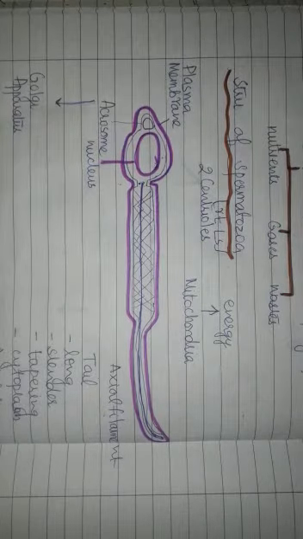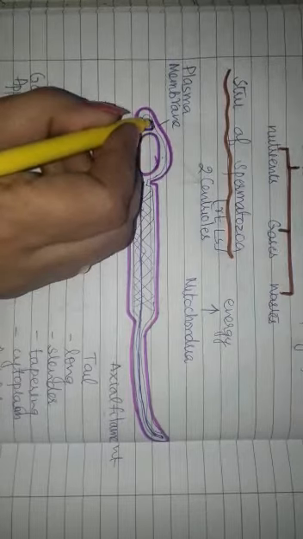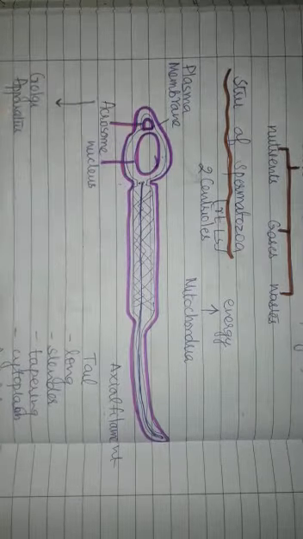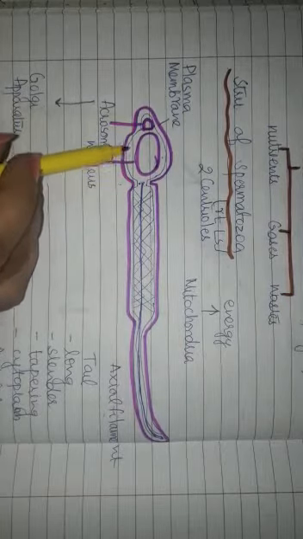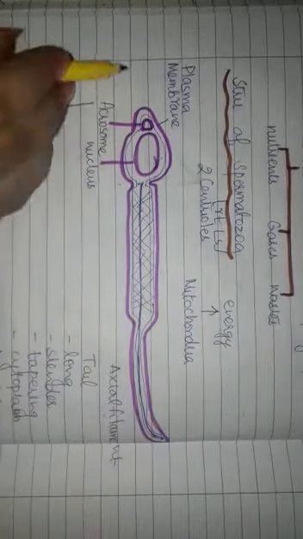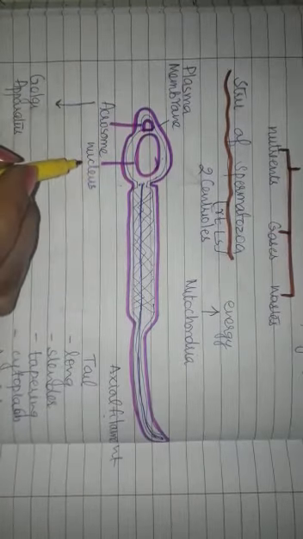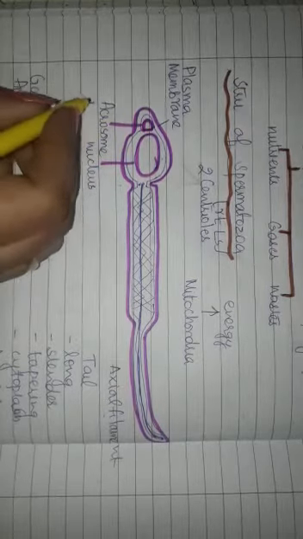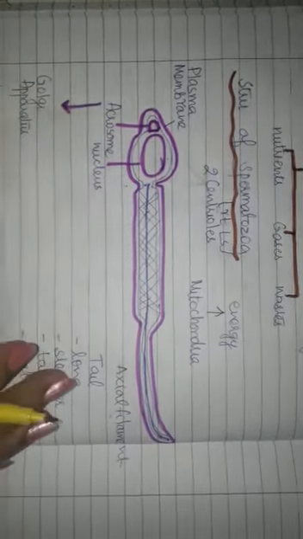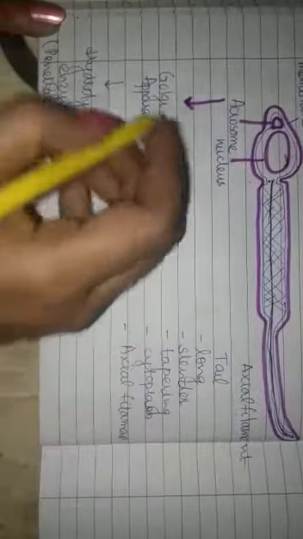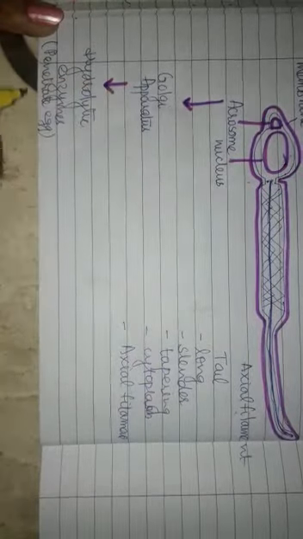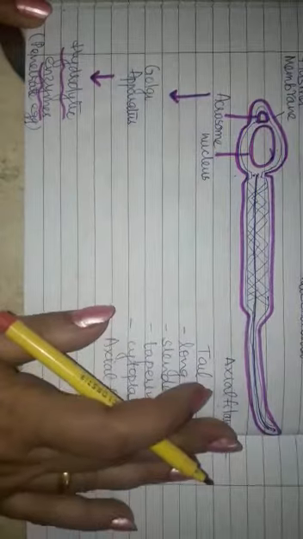It consists of a large posterior nucleus and a small anterior acrosome. Posterior is placed at the back, anterior is placed in the front. Acrosome is actually the Golgi apparatus, and its function is to secrete hydrolytic enzymes to penetrate the egg. We will see its role in the process of fertilization.